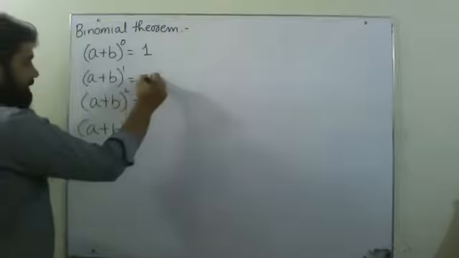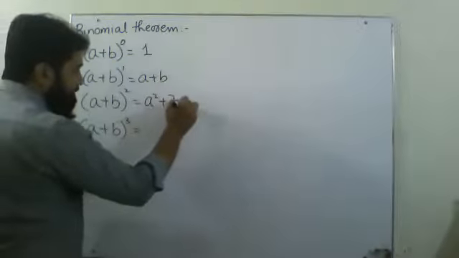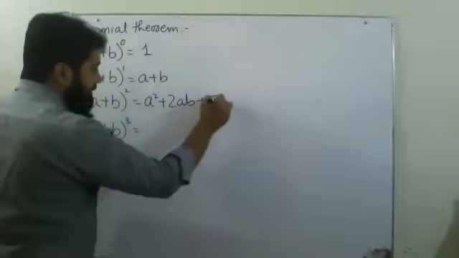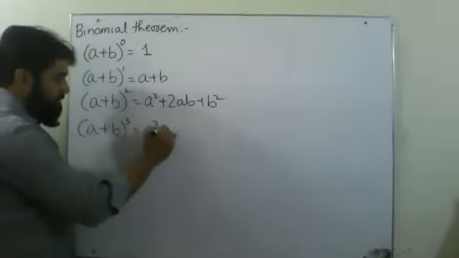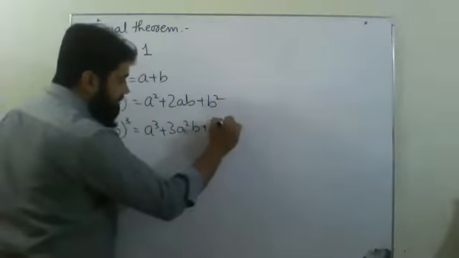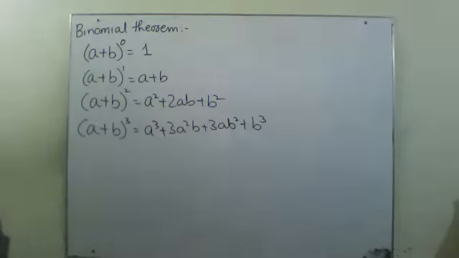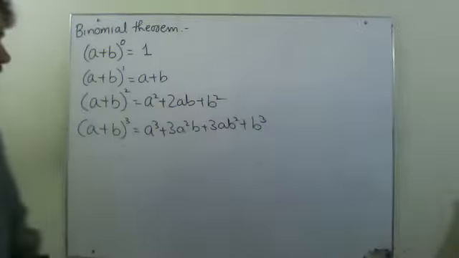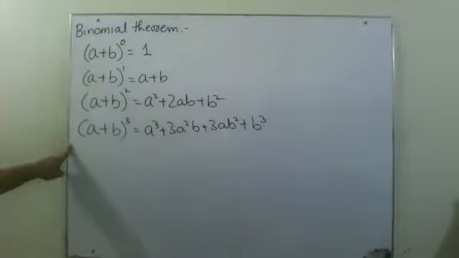Power 1 will be a + b. Power 2 is a² + 2ab + b². (a + b)³ will be a³ + 3a²b + 3ab² + b³. These are the things we do when we have an expansion.